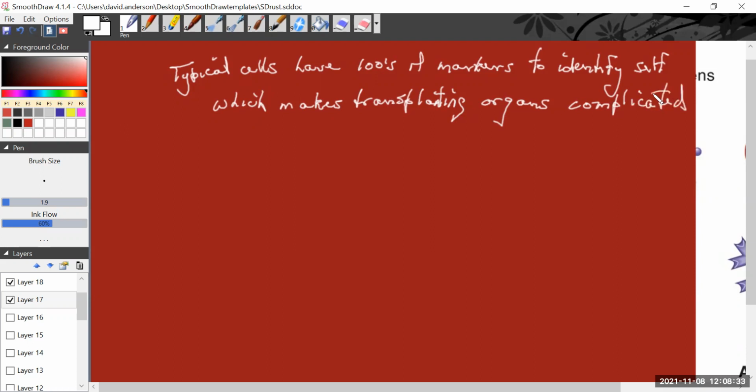That's why when you hear about somebody who's looking for a new kidney or a new lung, they put out a request. Closest relatives can get tested first because they're more likely to have a better match. And then you can go into communities. Like if you're of Greek origin, there's a better chance that Greeks will have a better match, but no guarantees because there's hundreds of these markers that need to be identified. And in typical cells, any one of those hundreds can cause rejection.